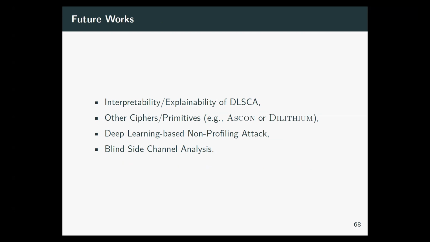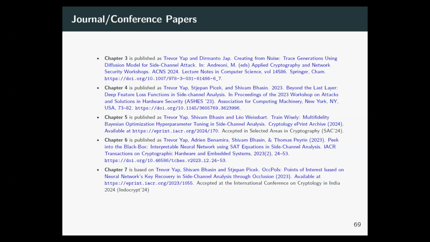Lastly, blind side channel analysis, where the attacker does not have the public variable like the plaintext or ciphertext due to practical reasons, but only has the traces. Could deep neural network actually be used to improve this technique? Some initial work has already been done by us, but more work needs to be done in this aspect of side channel analysis. So these are the journals and conference papers in this talk and in my thesis.